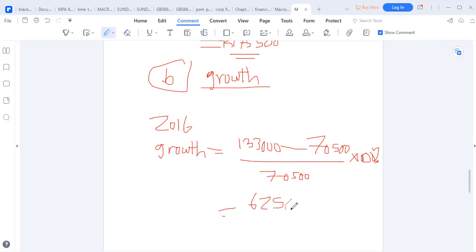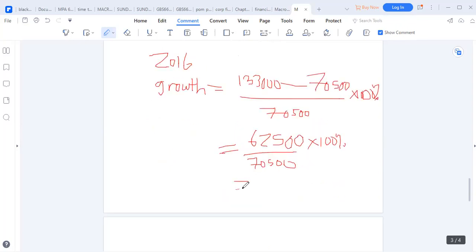So 62,500 over 70,500, then multiply by 100%, which gives us 88.65%.